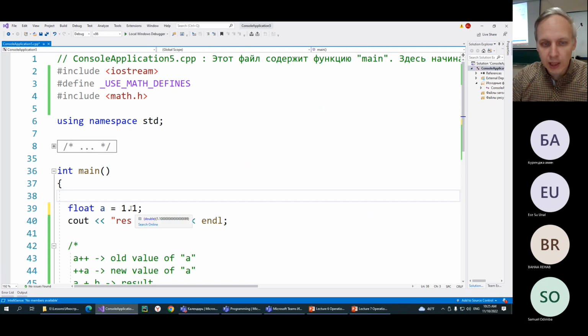If you move your mouse here, you will see the hint that is output by Visual Studio that 1.1 is a double.